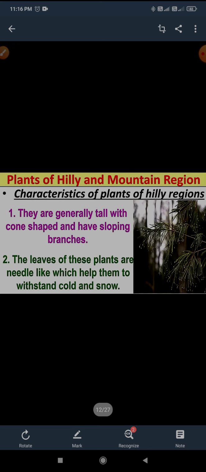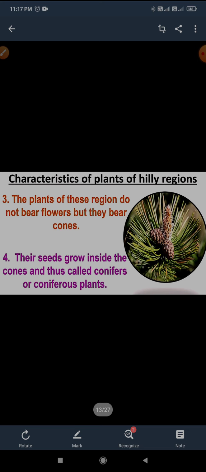They are generally tall. The plants in hilly areas are tall, and if they do not become tall, they might not get a proper amount of sunlight, which may affect the growth of the plant. Otherwise it is tall with a cone shape.